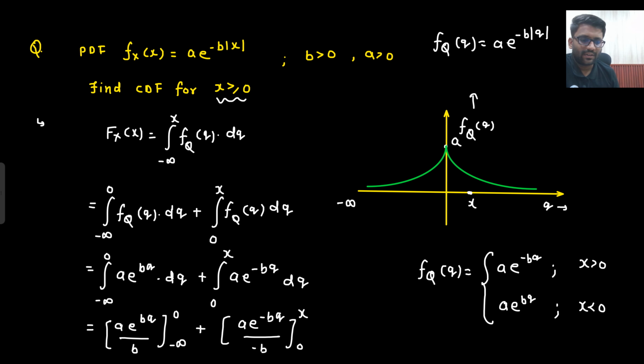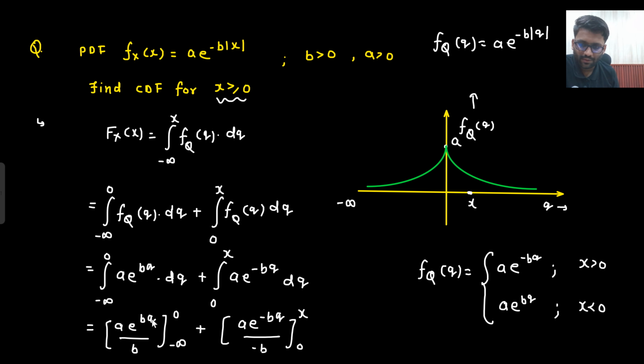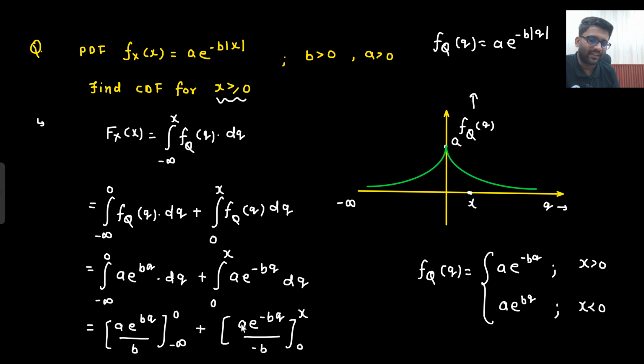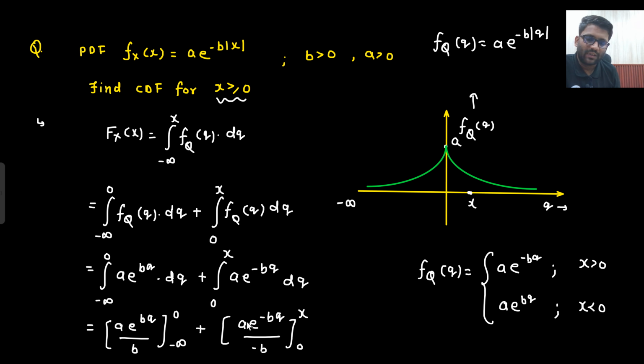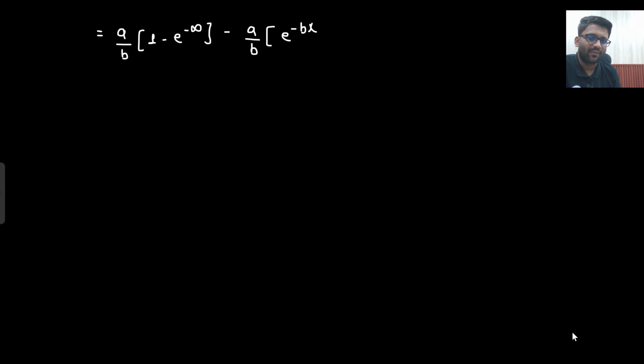A by b is constant. So from the first one I can take out a by b. Now I am putting the limit of q. So 0 I will put and minus infinity I will put. So e to the power 0 minus, here I will put infinity, so this will be 1 minus 0. I can take out minus a by b, because the minus sign I am taking out, a by b I am taking out. So put the limit of x, e to the power minus bx, and then put the limit q equals to 0, you will get 1.